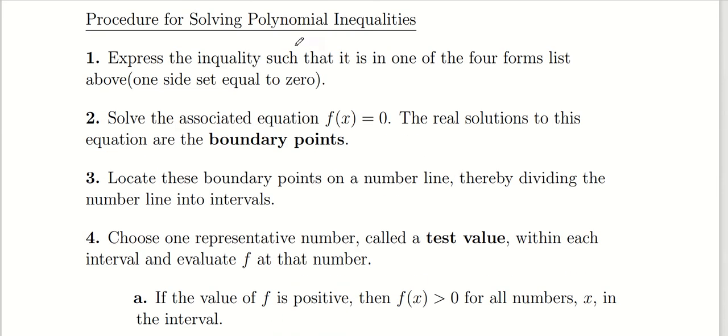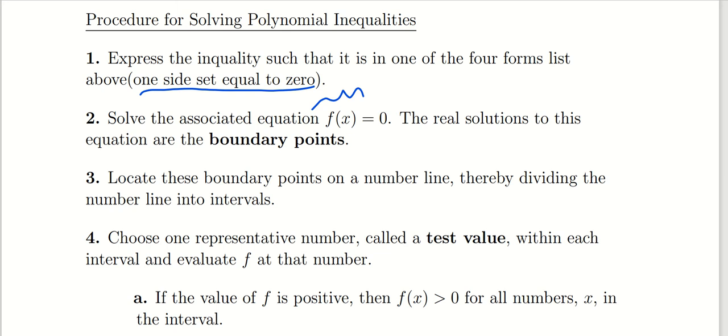The procedure for solving a polynomial inequality is, the first step is to express the inequality in one of the four forms above, i.e. we want to start by setting one side equal to 0. Once we have one side equal to 0, that other side, we're going to call that the function f of x, it's our polynomial. We want to solve the associated equation f of x equals 0.